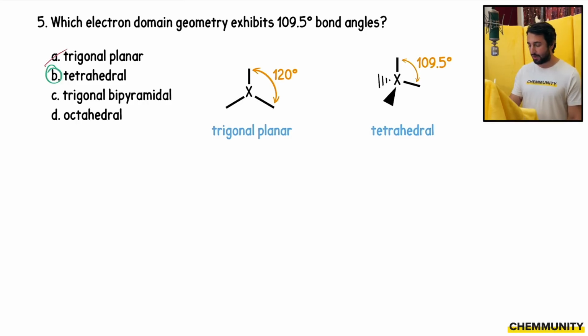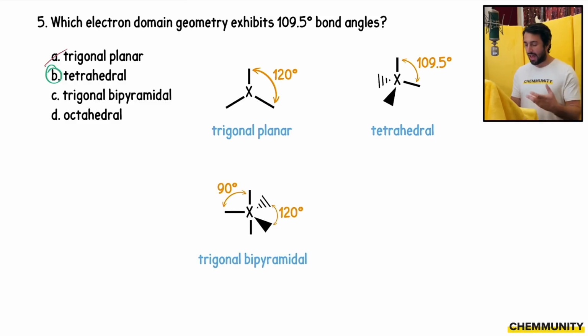Trigonal bipyramidal looks like this. So we have a trigonal pyramid on either side of the central atom. And so we have one going up there, one going up there. And then we have the dash and wedge bonds here. This is a mixture of angles. We have the 120-degree bond angles there, and then we also have 90-degree bond angles there, but none of those are 109.5.